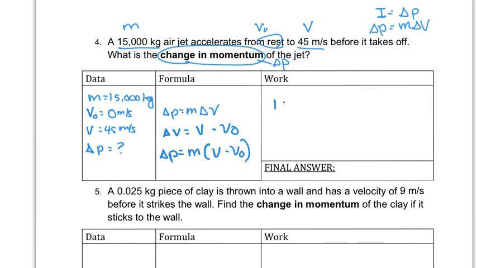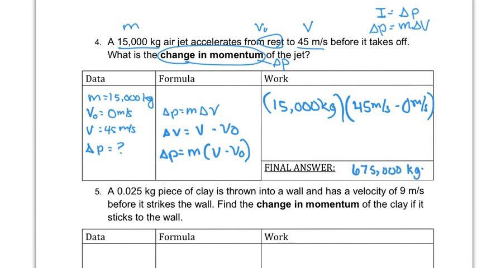So in this case, 15,000 kilograms times 45 meters per second minus 0 meters per second. And that will get you 675,000 kilograms times meters per second for the change in momentum.